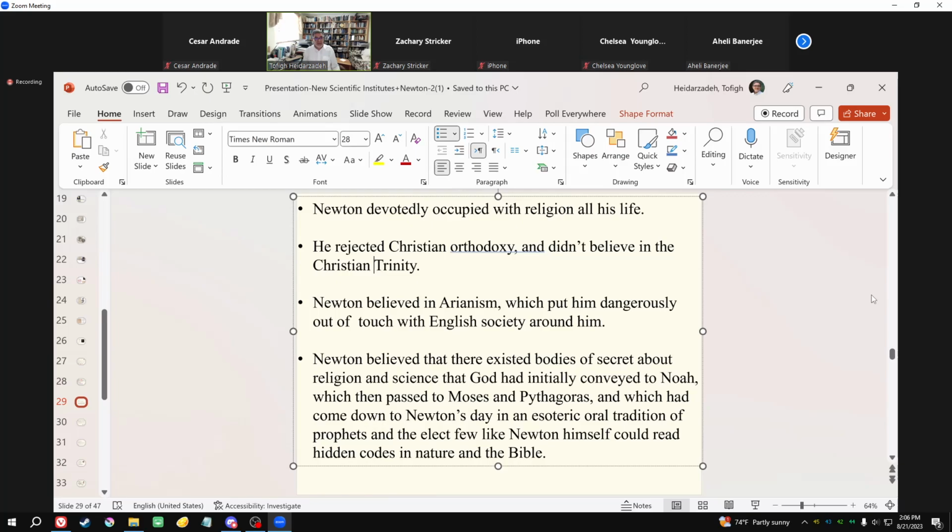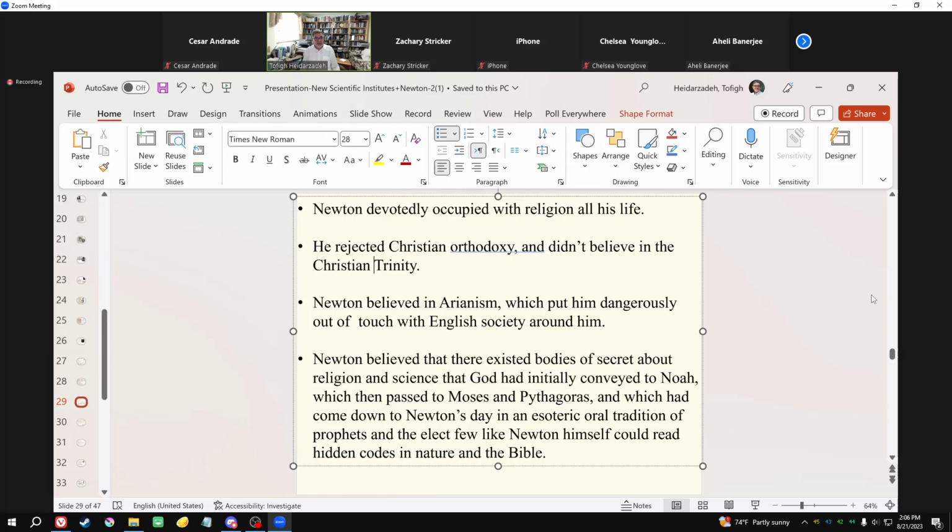And since in all branches of mathematics you start from very simple axioms, very simple rules, and then build a very complicated structure on that, Newton believed that the same thing happened in the universe. There is a unity, a simplicity behind all the diversity that we see in this universe.